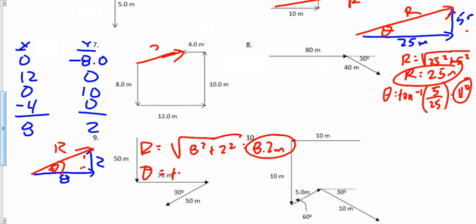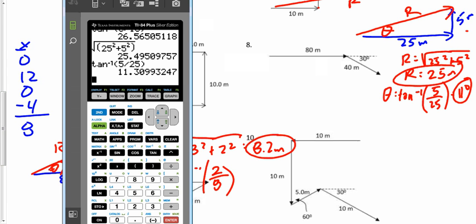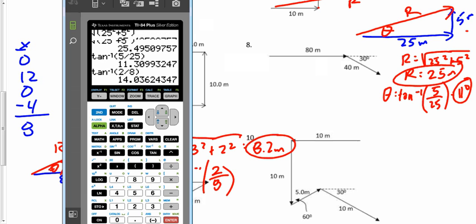is the inverse tan of opposite over adjacent. Who's French math here? Okay, Jesse, what's the opposite side of the triangle? The 2. Good. And the adjacent side is, of course, the 8, right? So we're going to say inverse tan of 2 over 8 gives me 14.